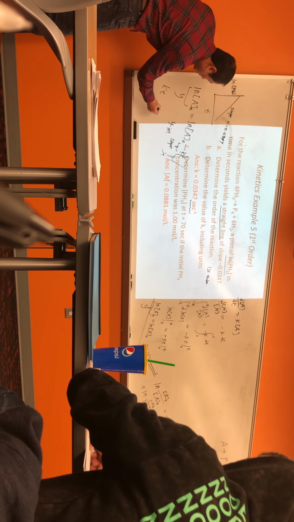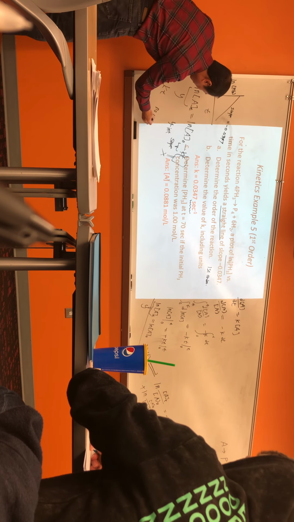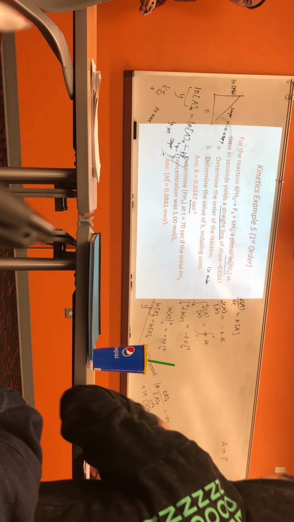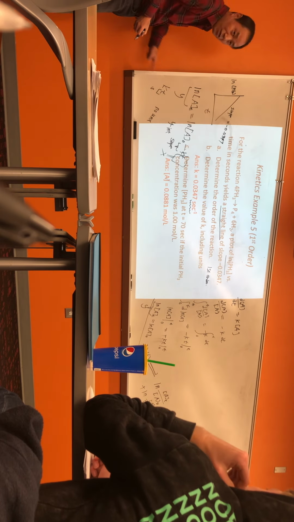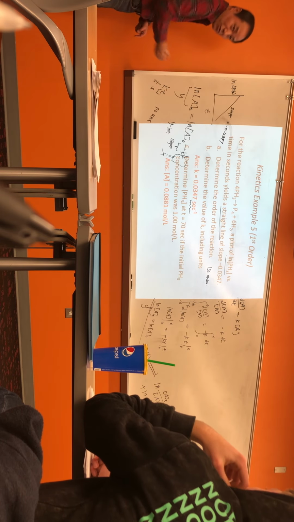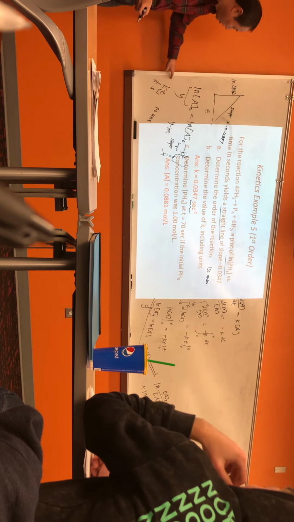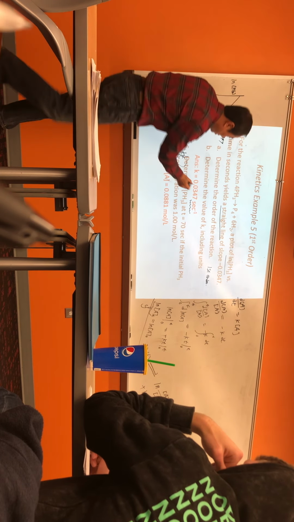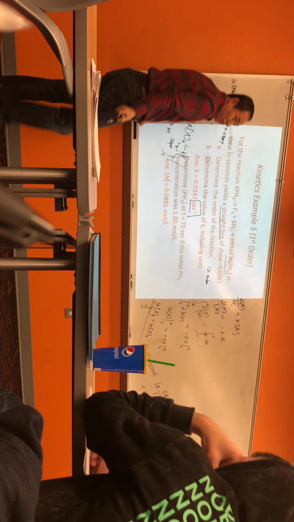But time has a unit of seconds. So k should have units of 1 over second, because kt should have no unit. So that constant has this unit.